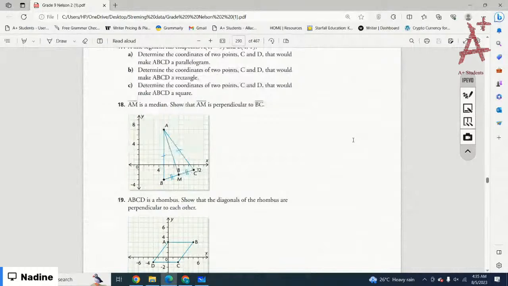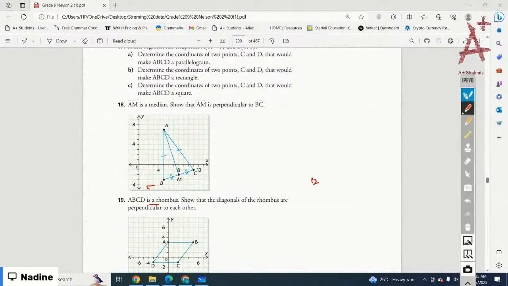Okay, let's just look at the coordinates of A, B, and C, right? A is 5, 7. B is 5, negative 3.